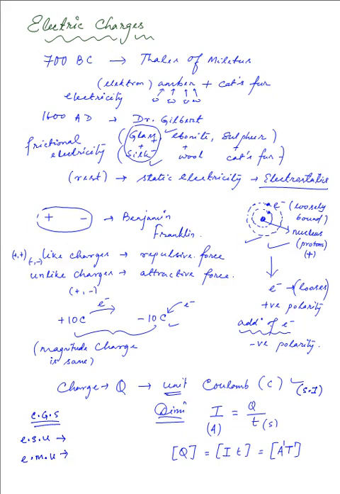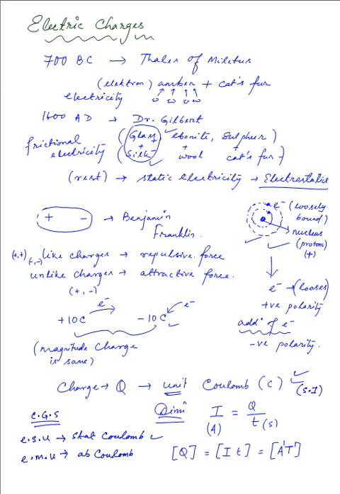The electrostatic unit being stat coulomb, while the magnetic unit is ab coulomb. We'll relate the electrostatic unit, that is stat coulomb, with the SI unit, that is the coulomb, further as we discuss.